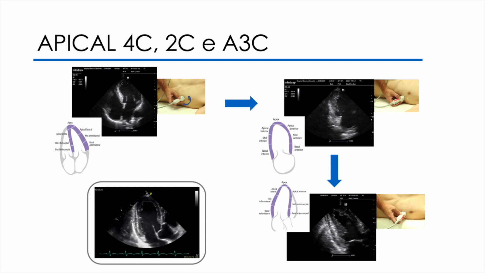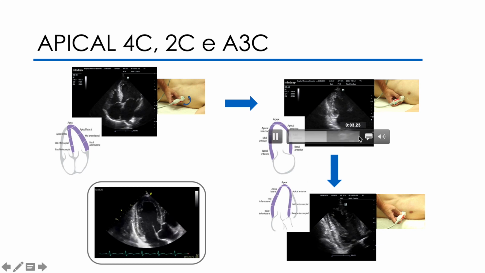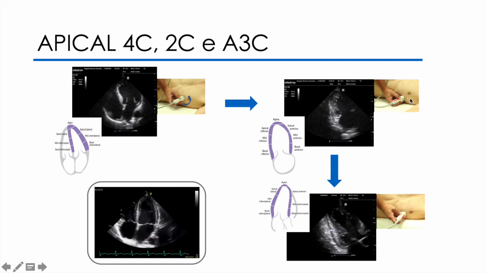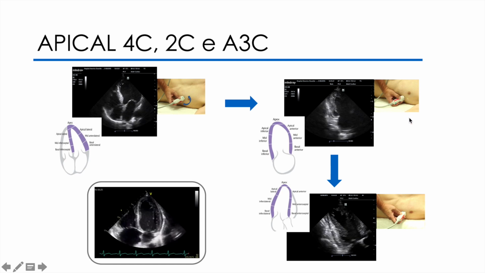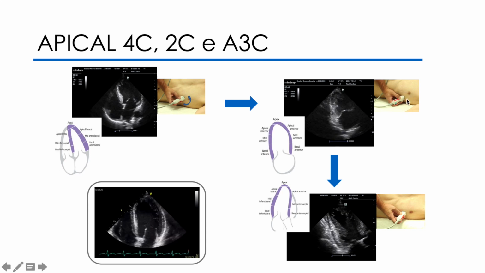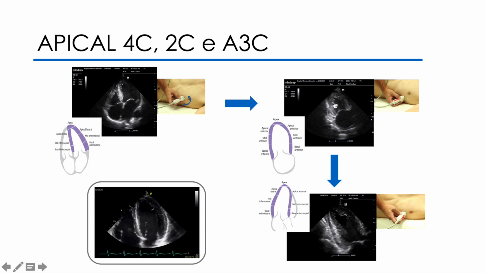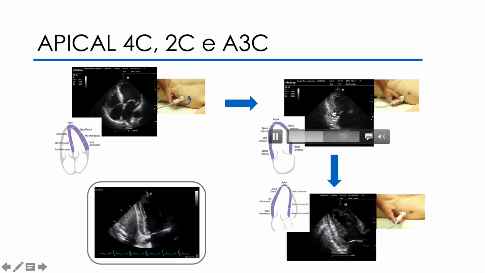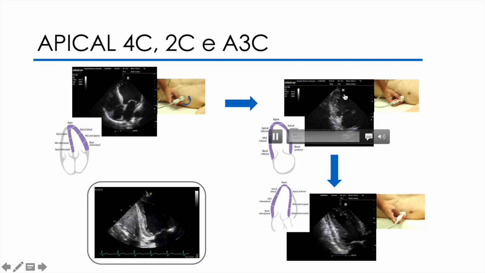Then, for a 2-chamber view, I rotate the probe, mark approximately 60 degrees counterclockwise. In this view, I will only have left ventricle and left atrium. So I evaluate the inferior wall and the anterior wall.